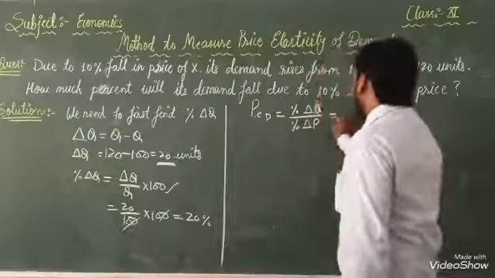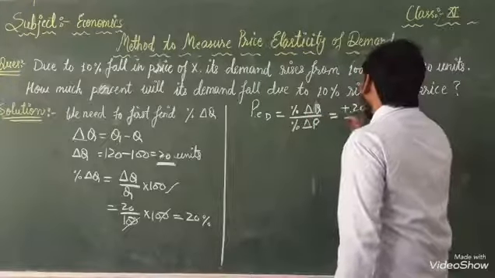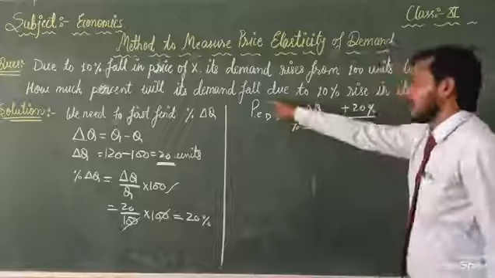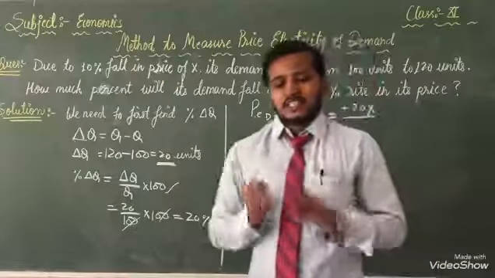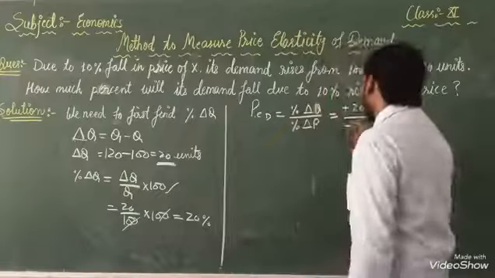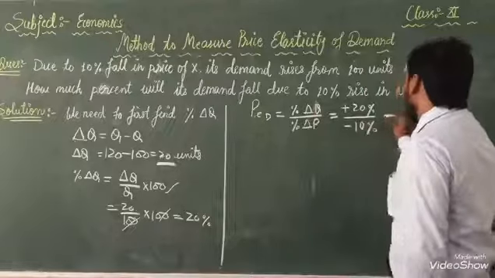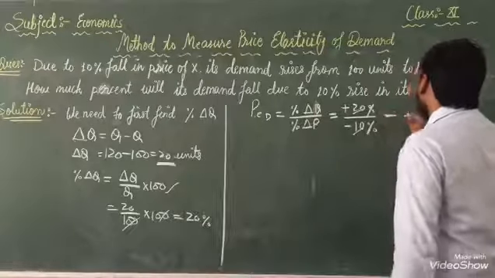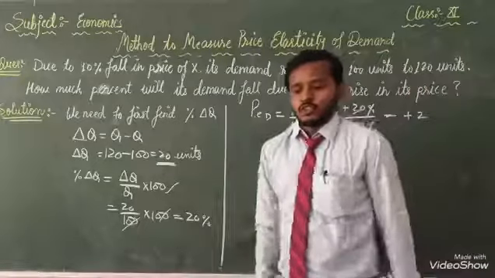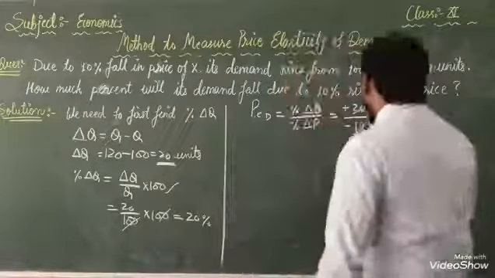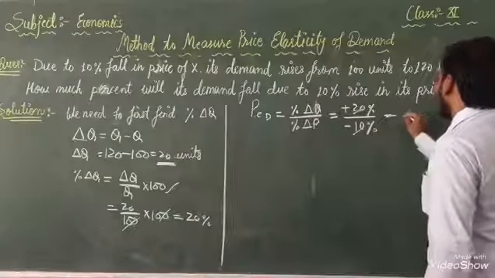So now you know here plus 20% came, and in the question it is given minus 10%. When you calculate it, we will get plus 2. Suppose we have got 2, then what? Here we have divided, so you have to write minus.